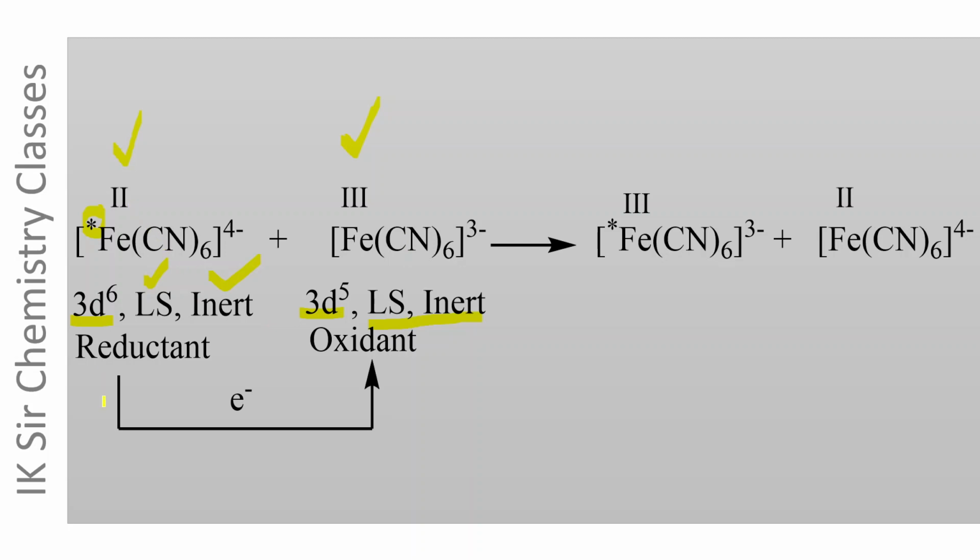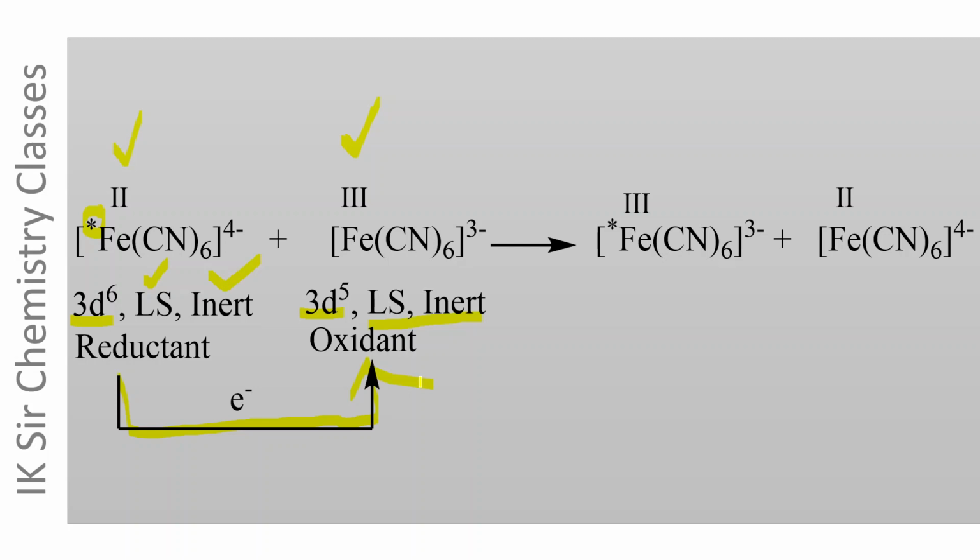An electron is transferred when these two complex compounds are brought in contact with each other. An electron is transferred from this complex [Fe(CN)6]4- to [Fe(CN)6]3-. This electron transfer reaction takes place.